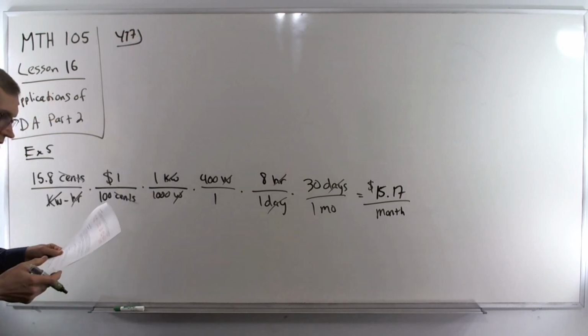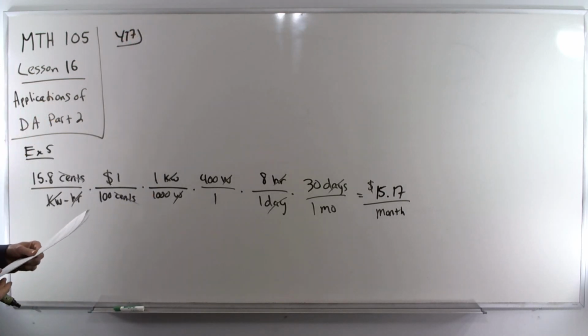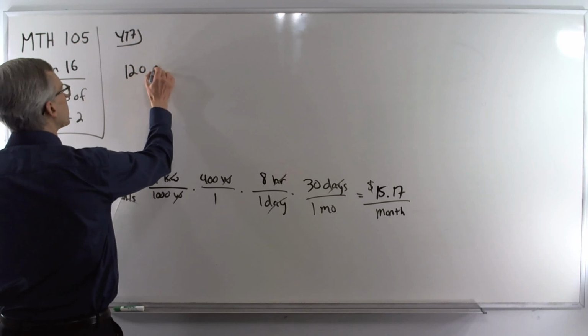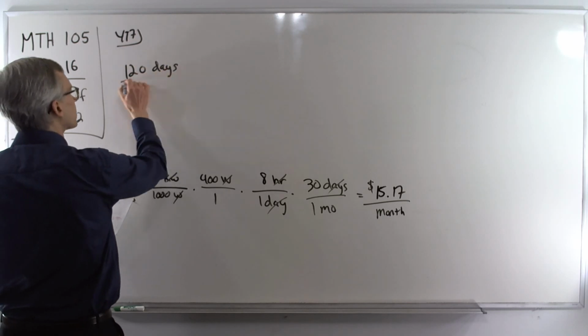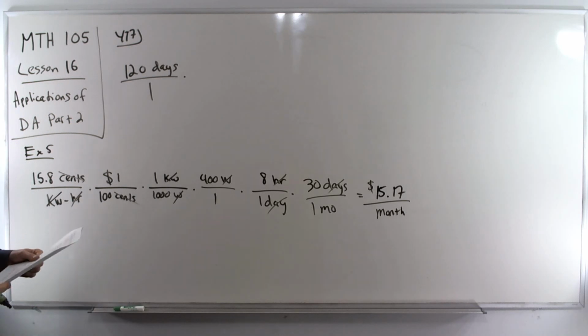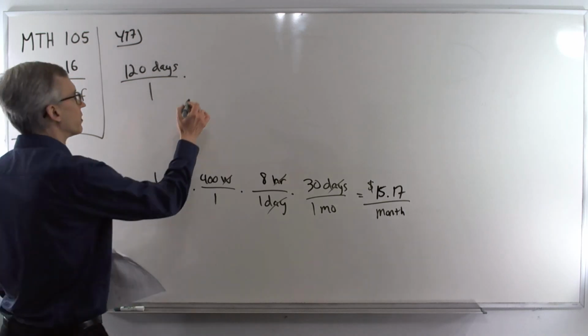Now, traditionally, one starts with the single quantity. The quantity with only one unit is 120 days. So we could start there, work off of that one. And then we're going to only use the space heater for 6 hours per day.